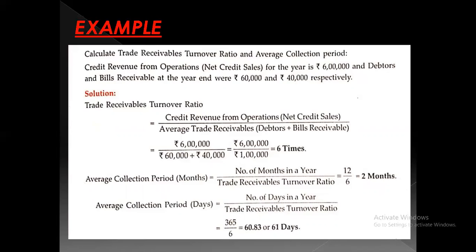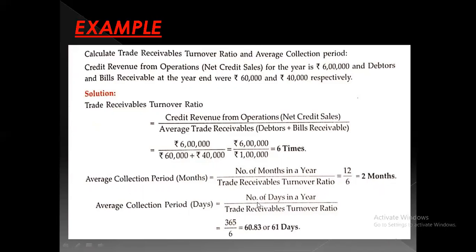If you are calculating average collection period in months, we'll take the number of months in a year divided by trade receivable turnover ratio. Months are 12, ratio is 6, so it is 2 months. It means the money from the debtors and bills receivable will be collected within 2 months.